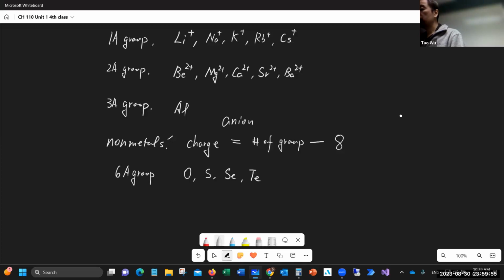So their charge equals 6 minus 8. So that's why they have a 2 negative, 2 negative, 2 negative, and 2 negative. Okay, so this is how we count this. 7A group, that's fluorine, chlorine, bromine, and iodine. These have a 1 negative charge because this is 7 minus 8, so 1 negative charge.